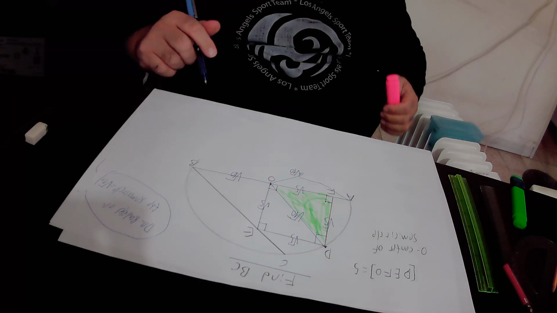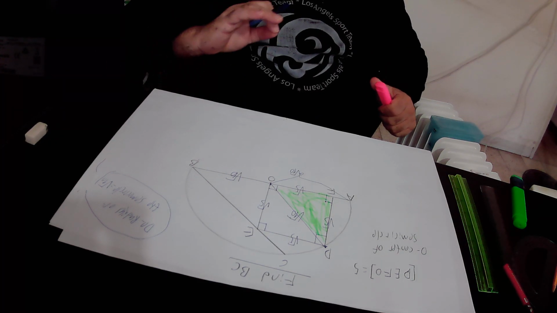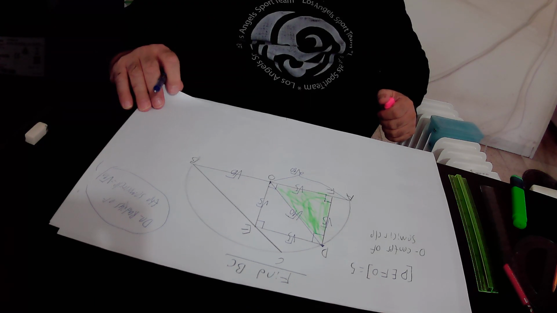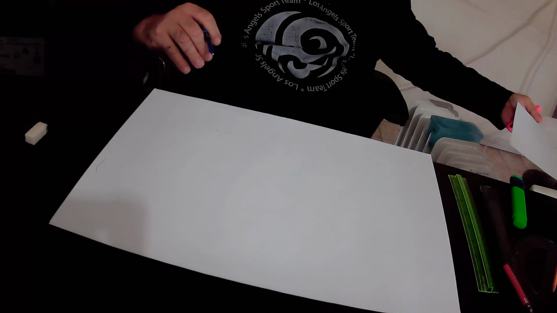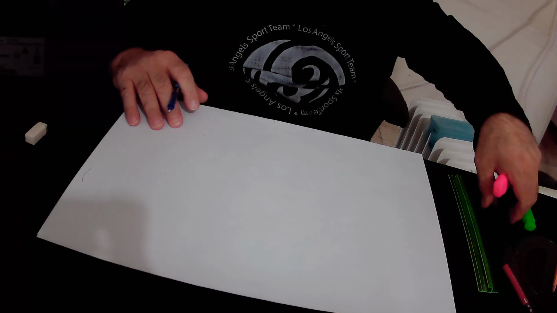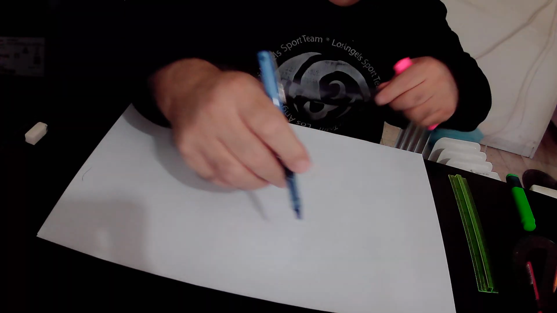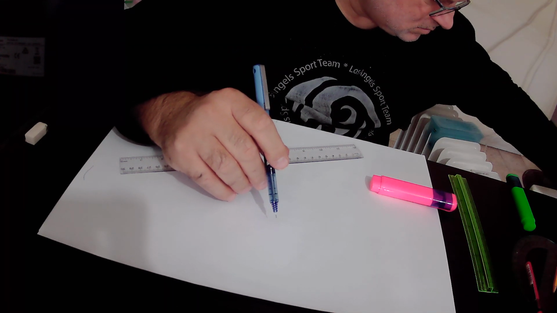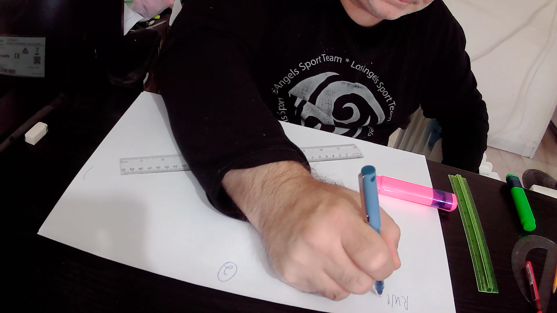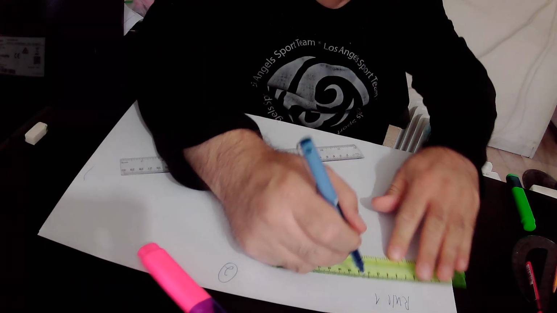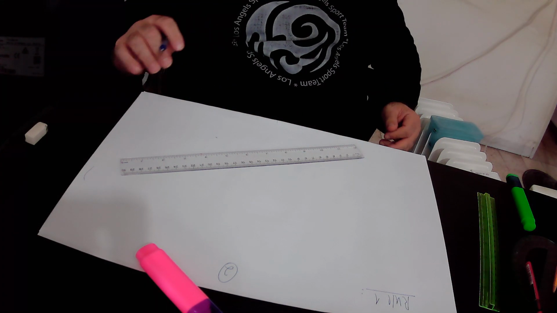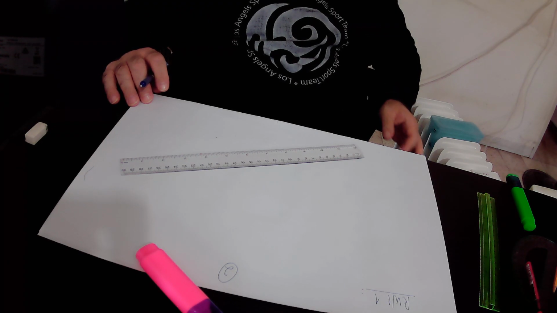In the next step, we will implement the Pythagoras theorem. Before that, I will present to you a new rule, rule number 1. According to rule number 1, the sum of the angles on one side of a straight line is equal to 180 degrees.